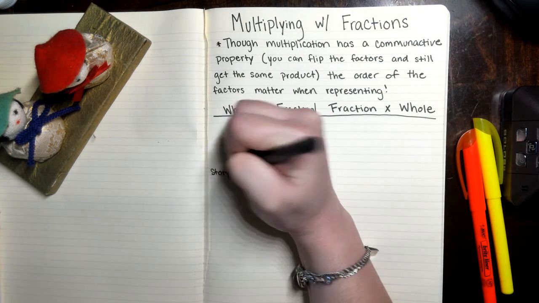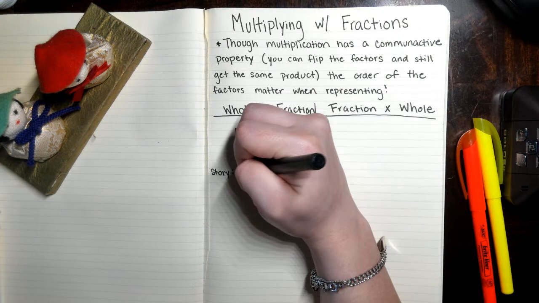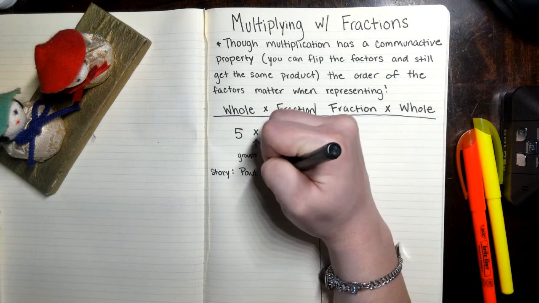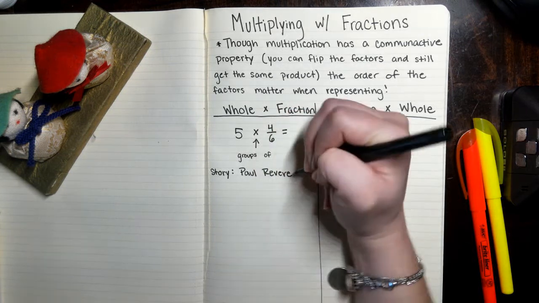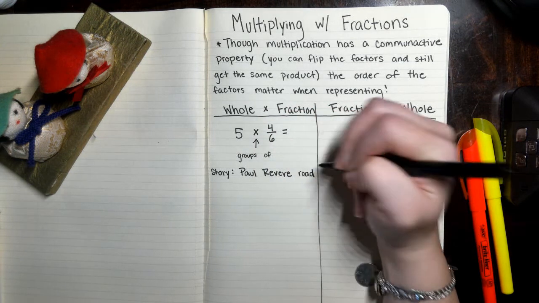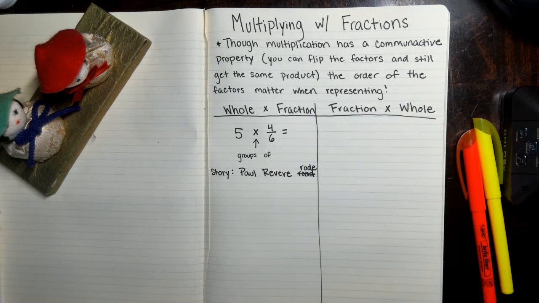So let's provide a little bit of context to our problem, right? Let's add a little bit of a story to it. It'll be Paul Revere. We'll throw a little bit of social studies in there too. Paul Revere rode, that was the wrong spelling of rode. Y'all, been home for too long.